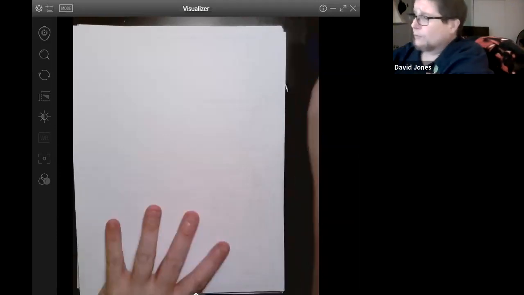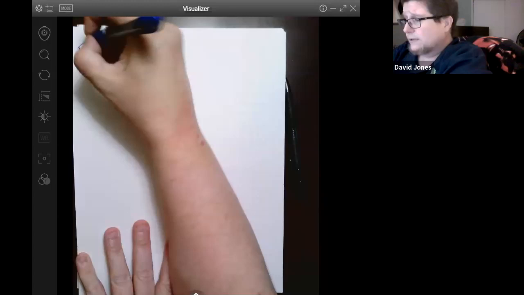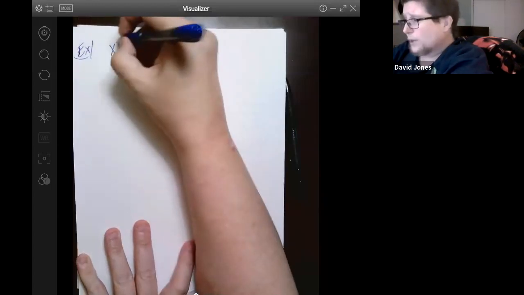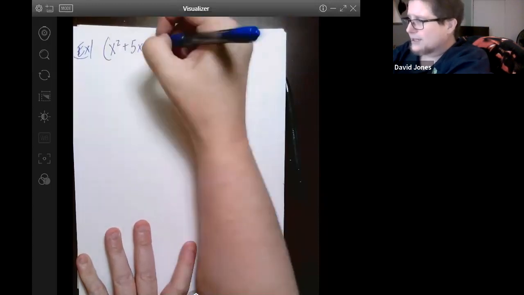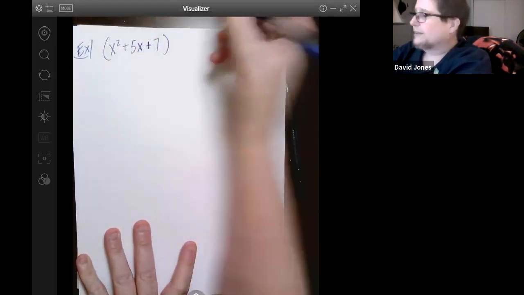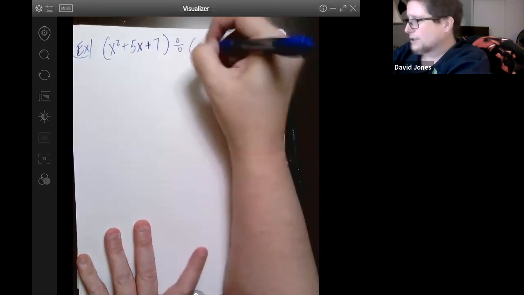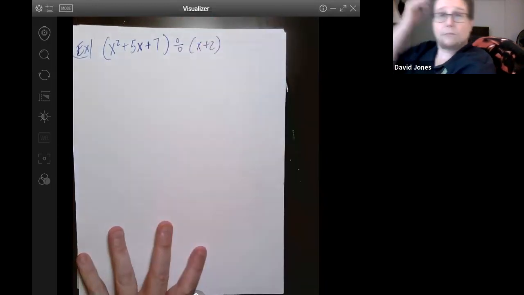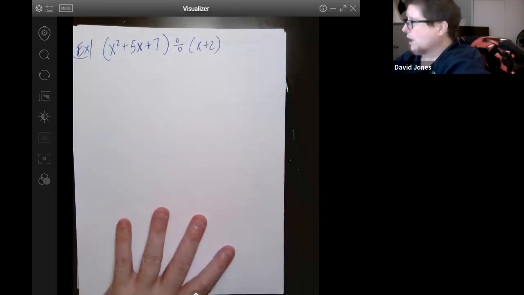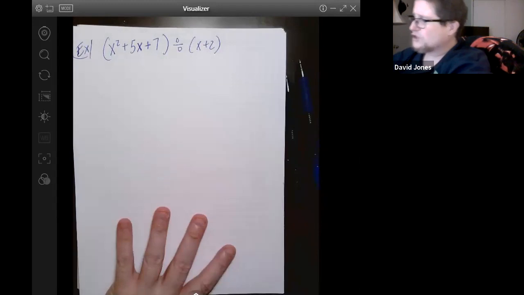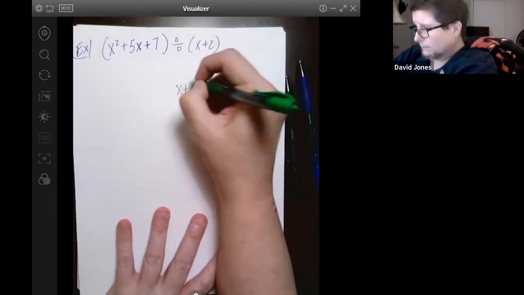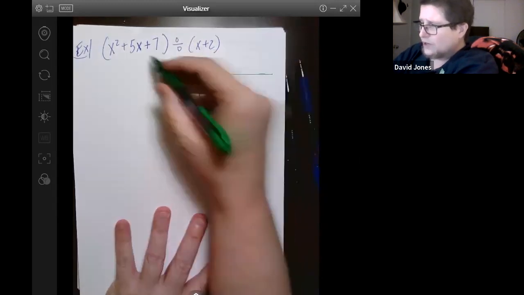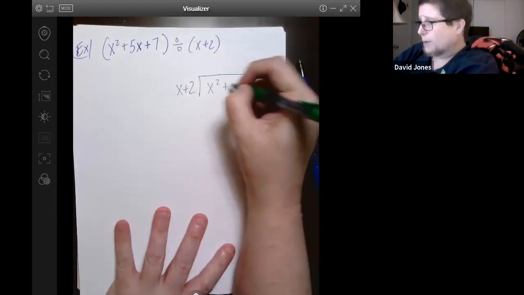So our example, we're going to have x squared plus 5x plus 7. I'm going to put it in parentheses because we're dividing all of that, not just the 7, divided by x plus 2. When we rewrite that with the whole division thing, we put this number out front, and we're dividing it into the polynomial in front.